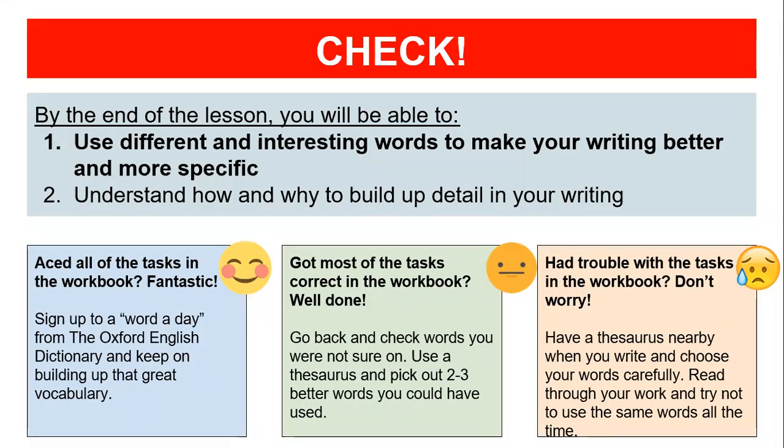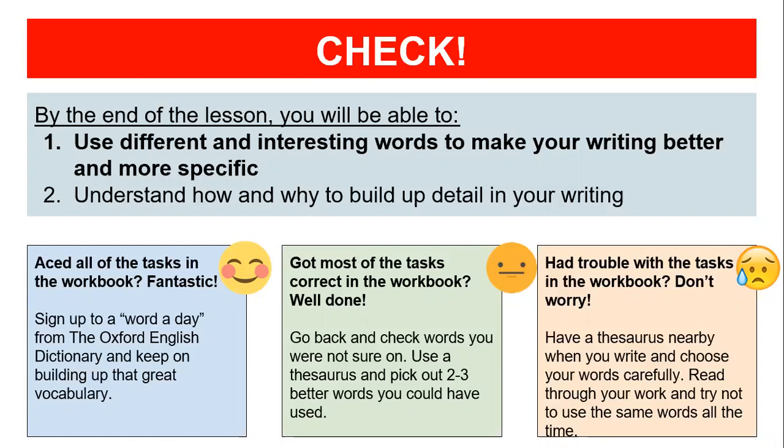Okay, have you been able to use more interesting words to make your writing better? And have you also learned how to build up detail in your writing? So have you thought about using interesting verbs, adding in adjectives, using a thesaurus? Have a look at some of the information here at the bottom.